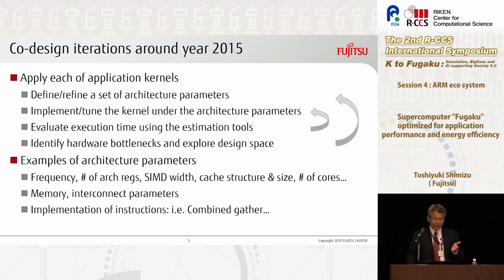We define and refine a set of architecture parameters, implement or tune the application kernel under the architecture parameters, and evaluate the execution time using the estimation tools. So we have several tools for estimation of performance and power. We identify the hardware bottlenecks and explore design spaces.